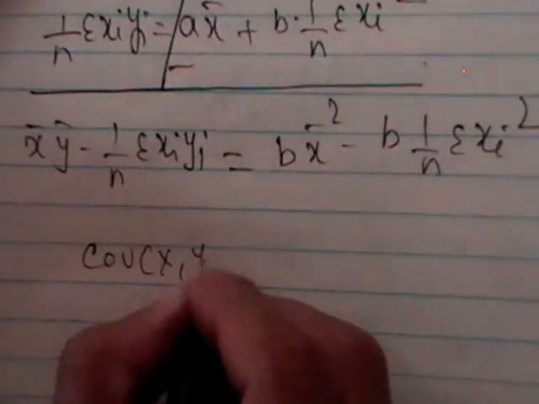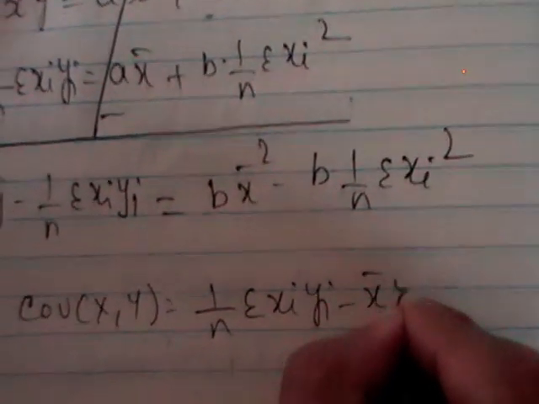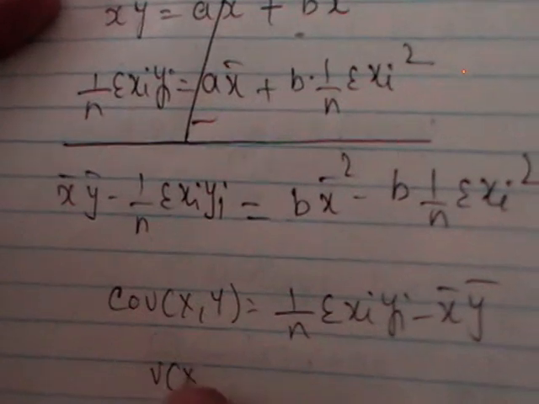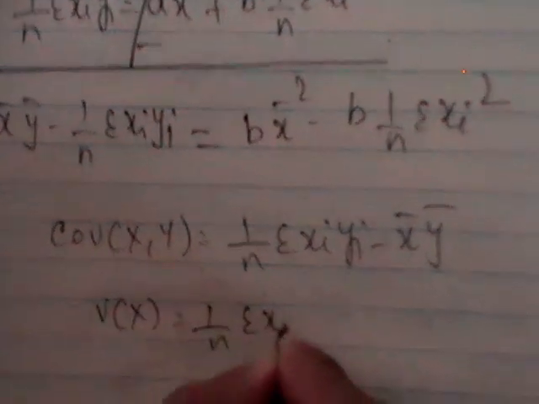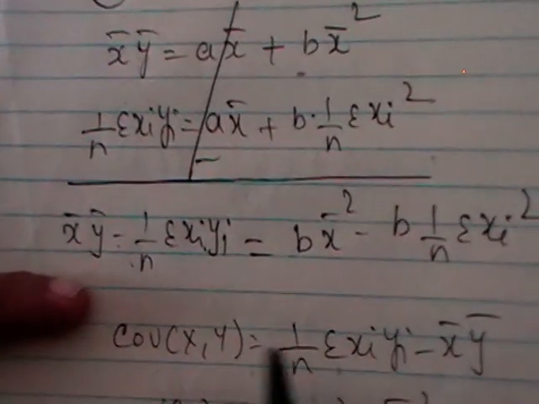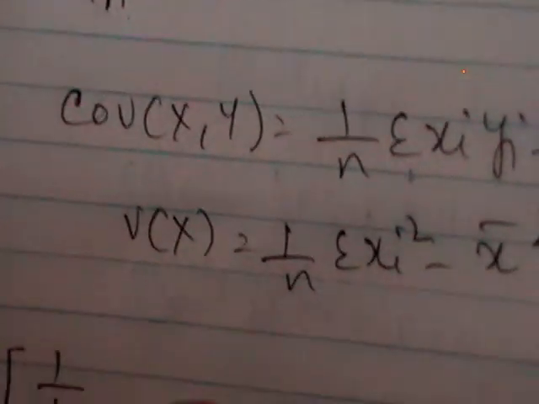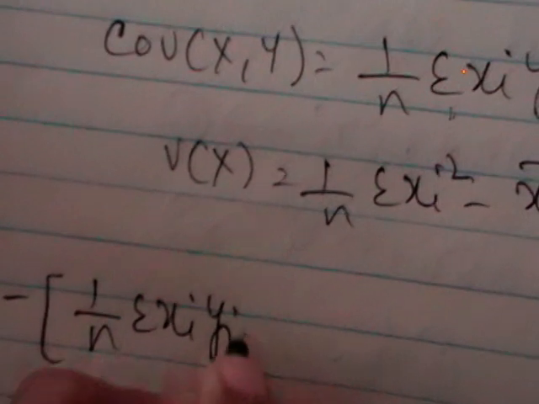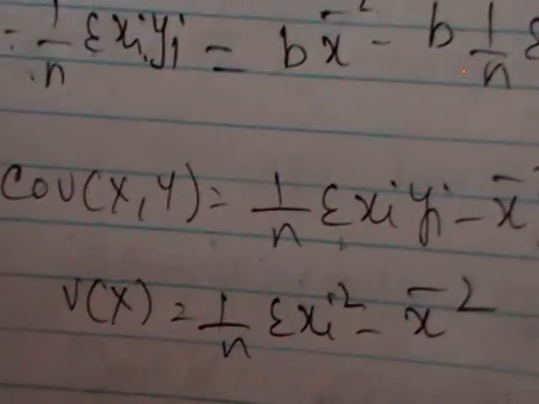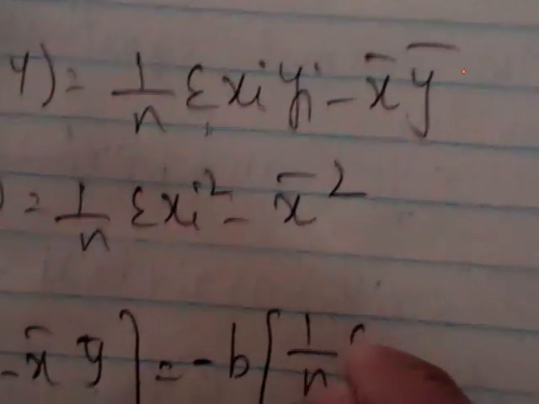Do you remember the formulas for covariance of xy? What is the formula for covariance of xy? 1 by n sigma xi yi minus x bar y bar. What is variance of x? 1 by n sigma xi square minus x bar square. If you observe these two, you have these terms here. If you take minus common, you will get 1 by n sigma xi yi minus x bar y bar is equal to minus b into 1 by n sigma xi square minus x bar square.